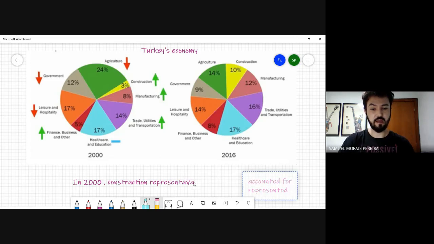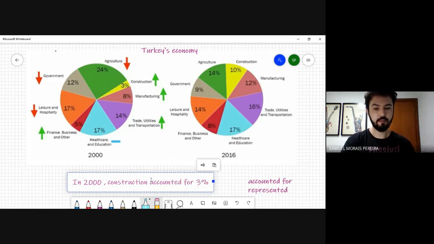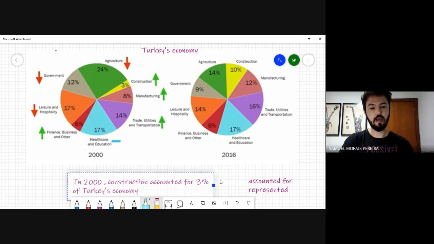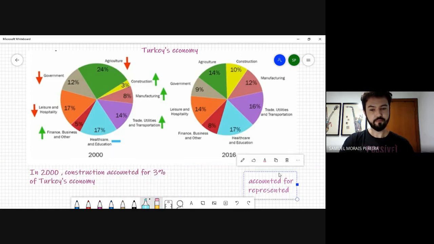Então, ao invés de você falar represented, você vai falar assim, ó, in 2000, construction accounted for, quantos por cento? Ó, 3% of Turkey's economy. Do you understand the sentence? Well, in 2000, construction represented 3% of Turkey's economy.